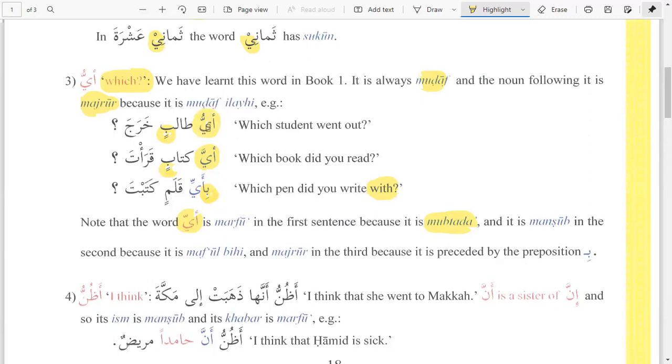It is a nominal sentence, and we have learned that nominal sentences have mubtada and khabar, subject and predicate. So ayu is the subject here.